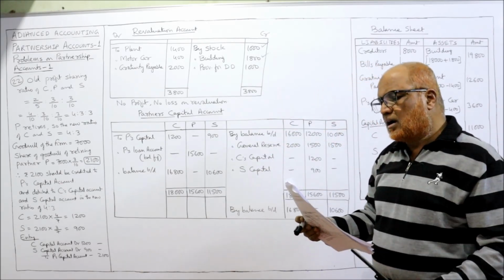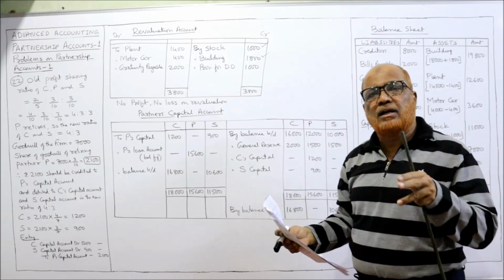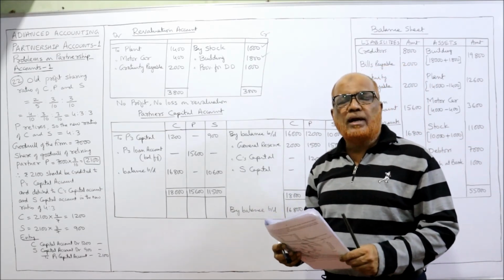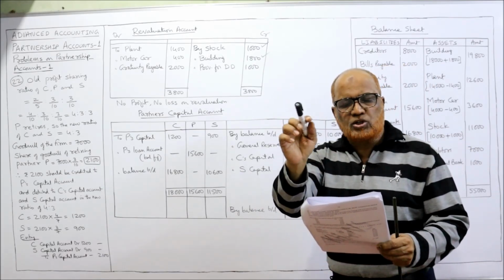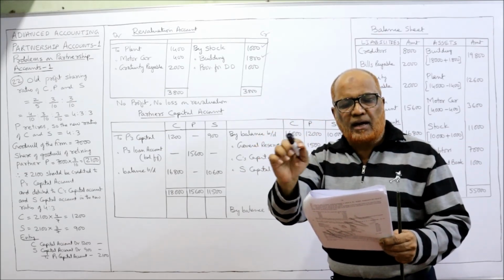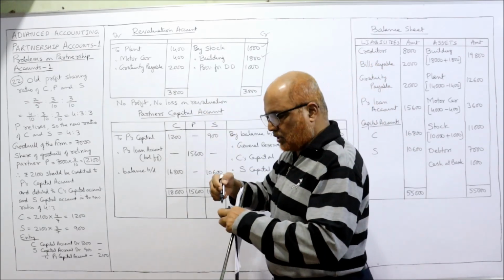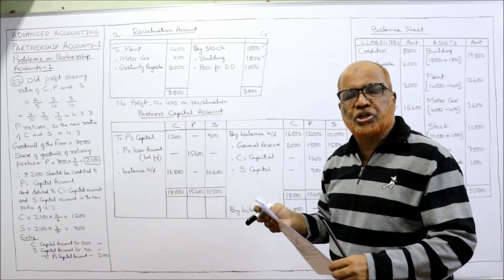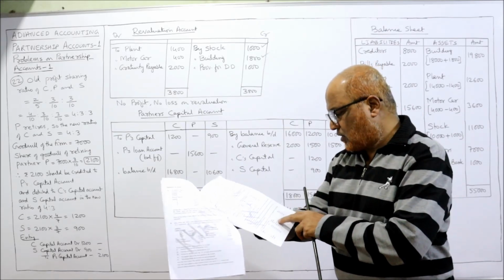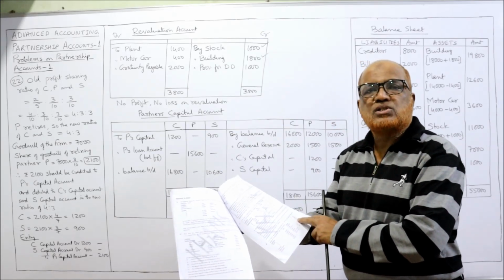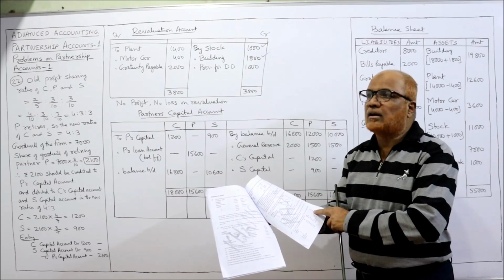Next one is plant and motor car are to be depreciated. So the entry will be revaluation account debit, plant account credit and motor car account credit. So on the debit side we will take plant and motor car. 10% depreciation. So we calculate 10% of plant. Plant cost is 14,000, 10% is 1,400.